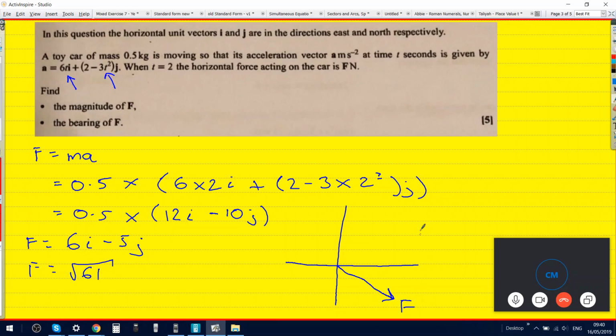Yeah. And so what you can do is find this angle here. Any idea how you do that? Are we using trigonometry? Yep.